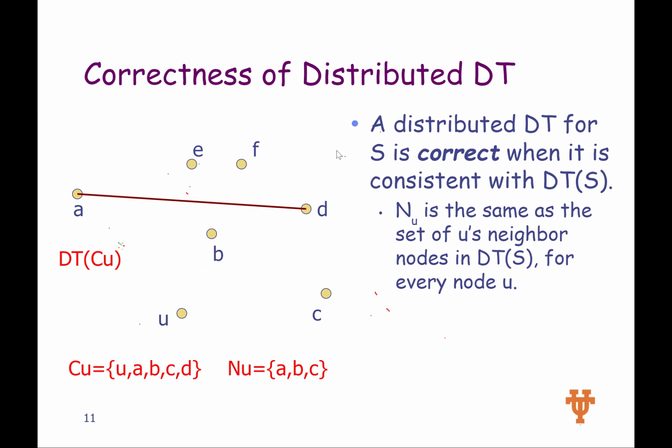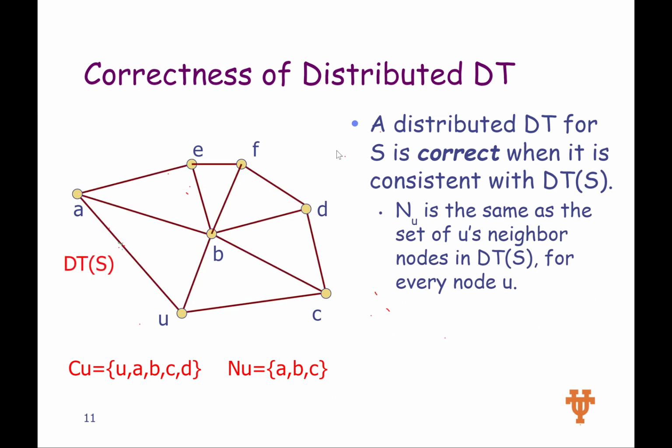So the correctness of distributed DT is that if NU, the local DT neighbors, is the same as the global DT neighbors for everyone, then we call the distributed DT correct.